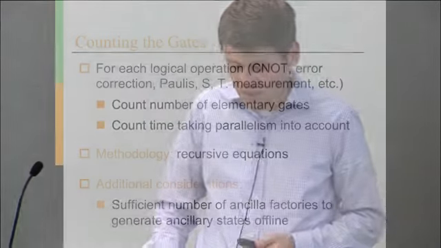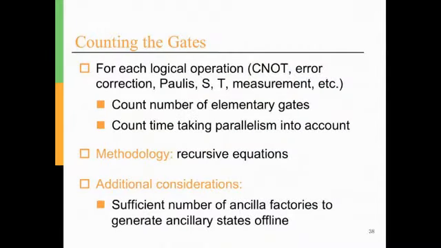So this is actually a very expensive thing for the concatenated codes, the movement. In our tools, we used recursive equations to express the gate counts for the desired level of concatenation. We count the number of elementary gates and the time we need to do these operations, taking parallelism into account.